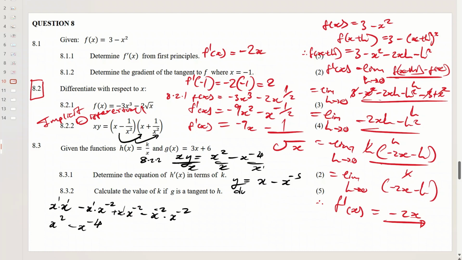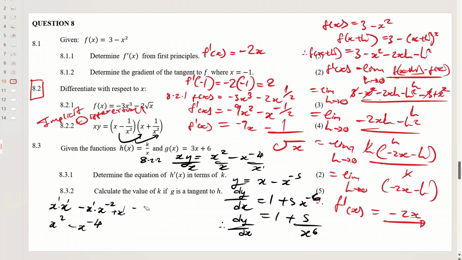So taking the derivative of y with respect to x is just 1 plus 5 over x to the 6. So this is the derivative of y with respect to x. I don't want to give you wrong information, guys, and if you saw an error that I made, please fix that. So now, guys, moving to the next question.